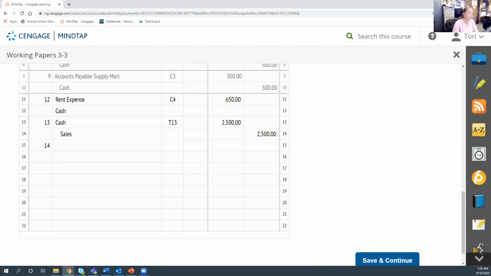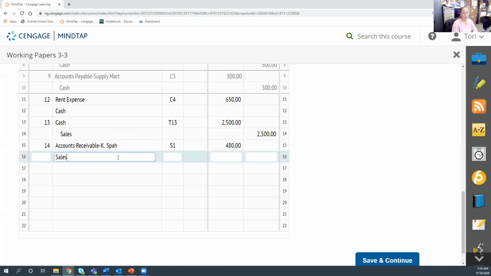14th, I received sales. I sold services on an account from K Spa. So we put in the date, and I have an accounts receivable, meaning I'm going to be paid at a different time, but hopefully I do get paid. And I use this with a sales invoice number 1 for $480.